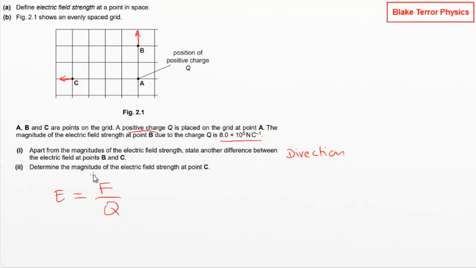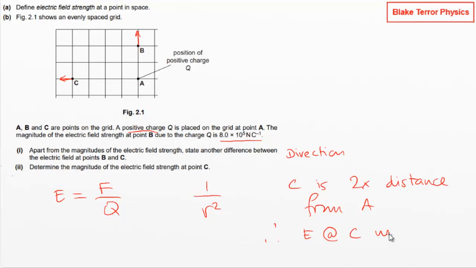With F we've got the 1 over R squared relationship between the force and the distance from A. C is twice as far away from A as B, so C is 2 times the distance from A. Therefore, E at C will be 1/4 of E at B. So that's going to be 2.0 times 10 to the 5 newtons per coulomb. Right, so that's a nice warm up there.